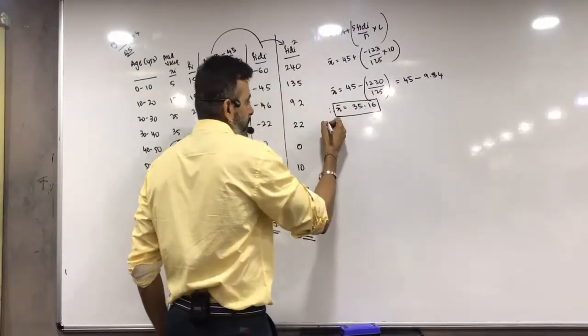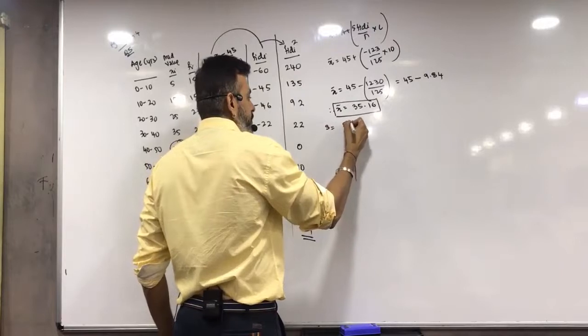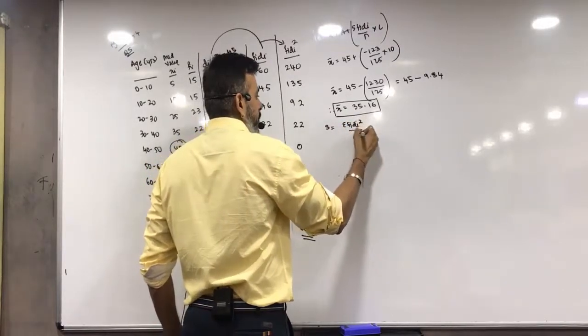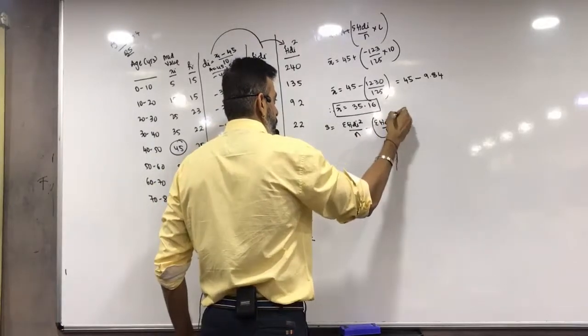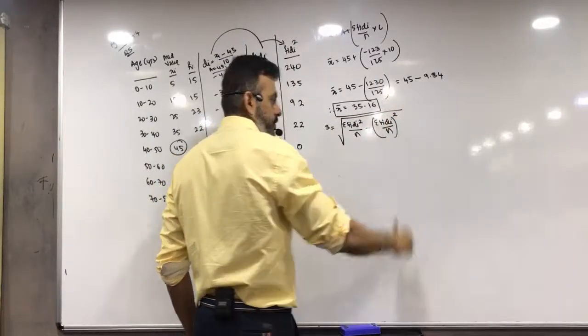Now we find standard deviation. Sigma fi di square upon N minus sigma fi di upon N the whole square, the whole under root, got it?